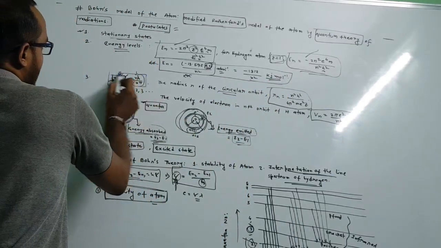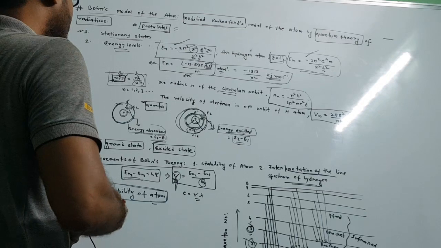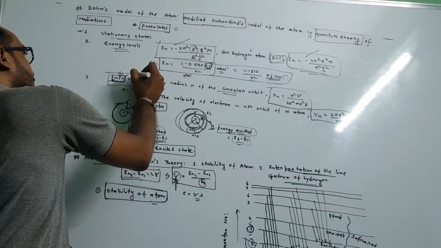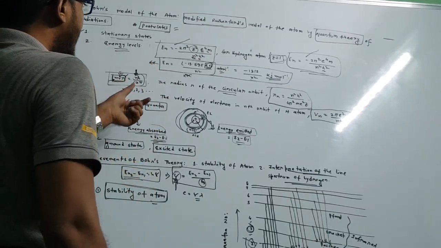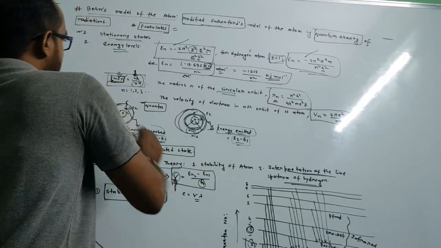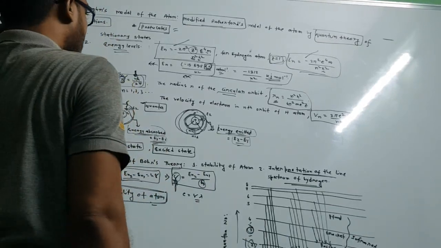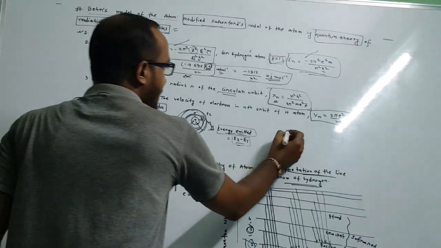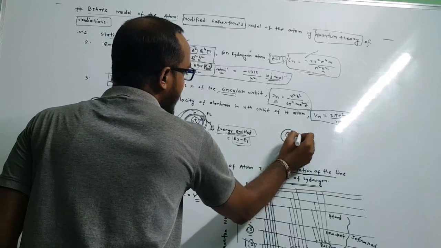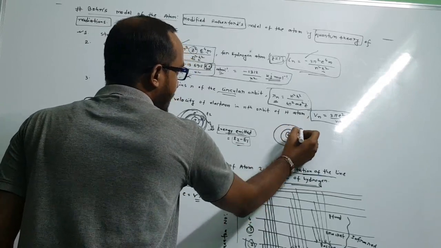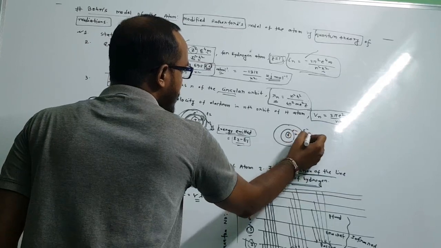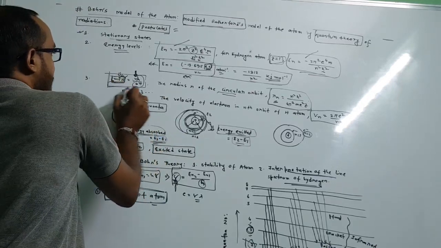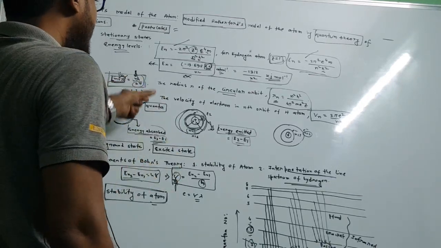And the third postulate is that the angular momentum is a constant term for every orbit. For every state it has some specific angular momentum. That means if the electron lies in n equals 1, it has one angular momentum. If the electron lies in the n equals 2 orbit, then it has a particular angular momentum. That angular momentum should be a multiple of nh by 2 pi.